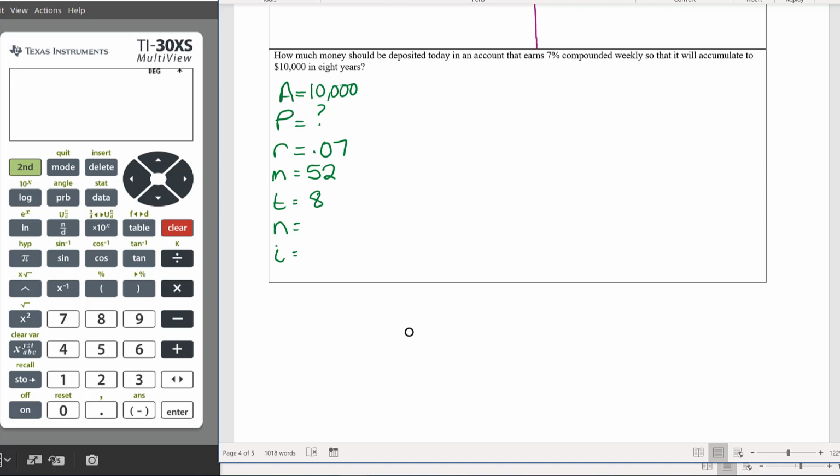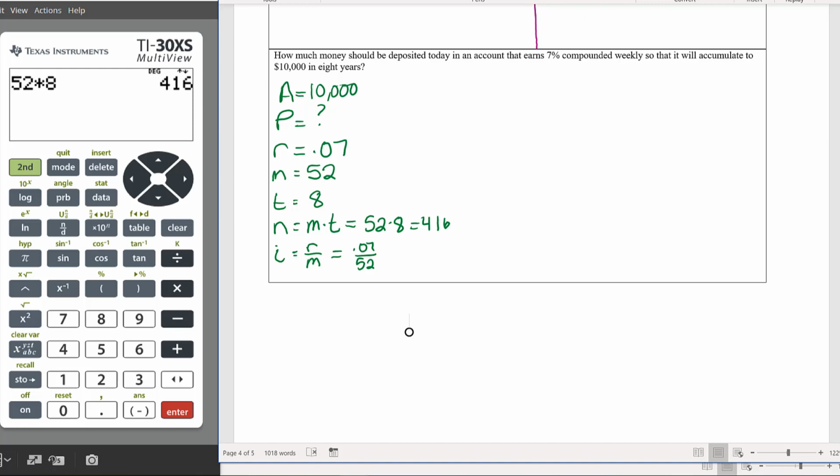Now we already know that I is equal to R over M, and N equals M times T, so we can figure out what N and I are. N is equal to 52 times 8, which is 416. I is equal to 0.07 divided by 52.